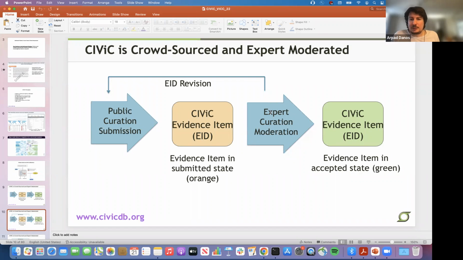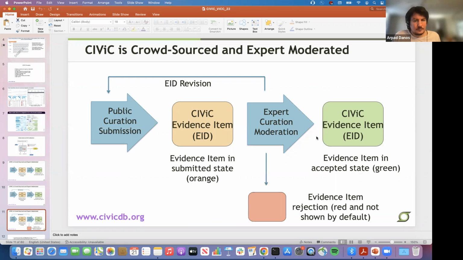And eventually an expert curator, and these are a group of curators selected to become editor status, who go through extra training, accepts or rejects it. So anyone can be a curator, but the editors are a selected group that have the powers to accept or reject curation. Occasionally, evidence is rejected when it doesn't fit the data model and it can't be moderated.